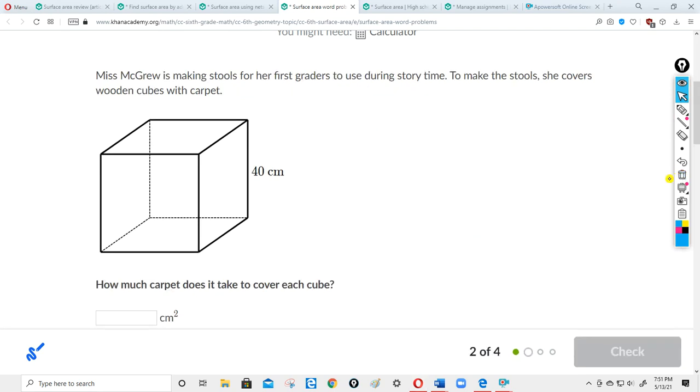All right, same thing here with the cube. She covers the wooden cubes with carpet. How much carpet does it take to cover each cube? That's easy. Since it's a cube, all the faces are squares. So if it's 40 here, it's going to be 40 there. All the sides are the same.